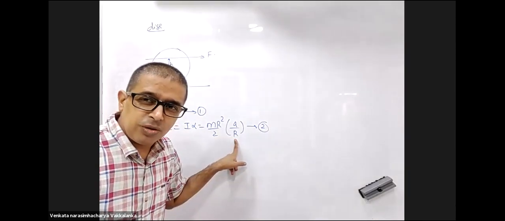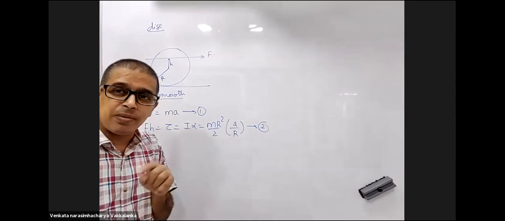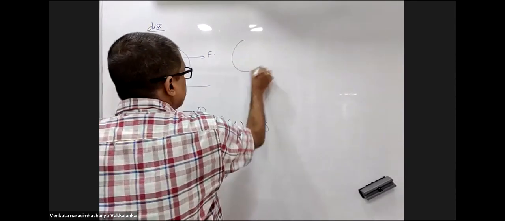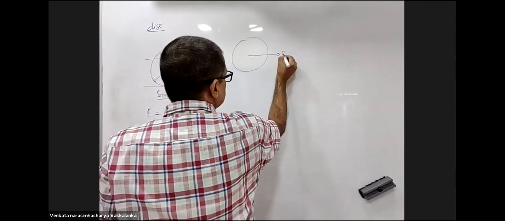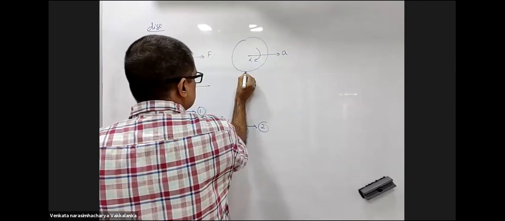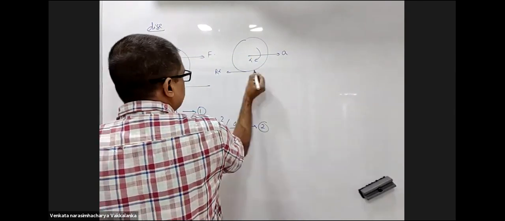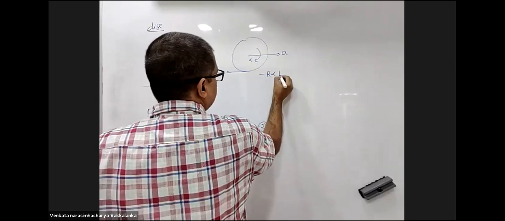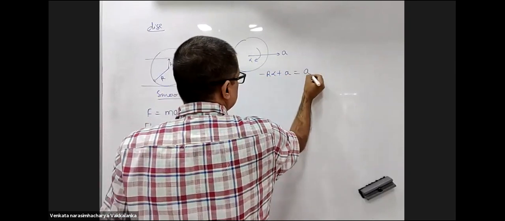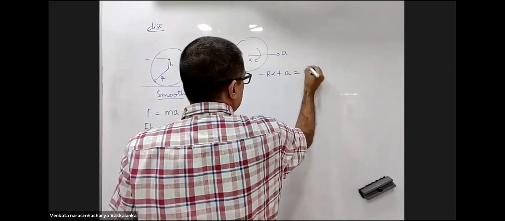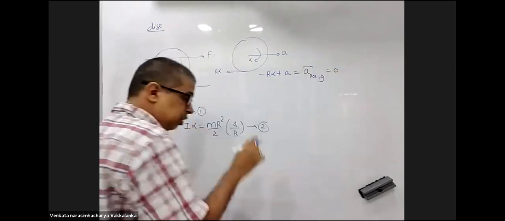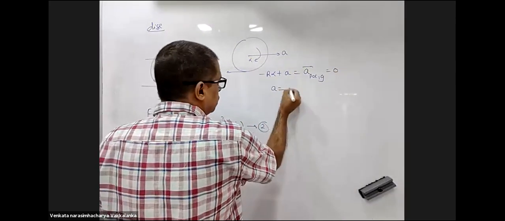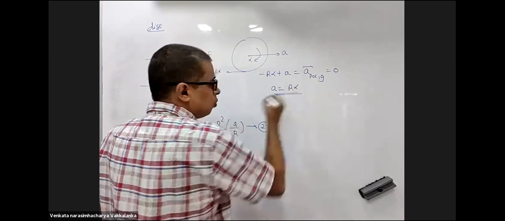Alpha you substituted as A by R, meaning you have taken the rolling condition. A is this, alpha is this. Minus R alpha plus A is the acceleration of the point of contact with respect to ground, which should be 0. So A is equal to R alpha.